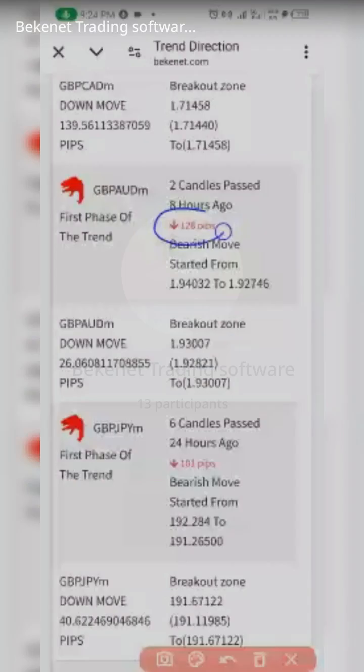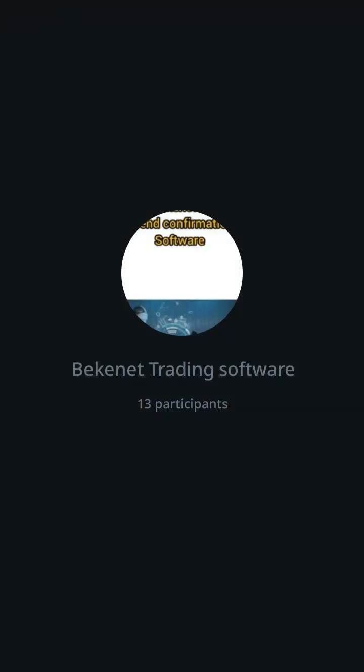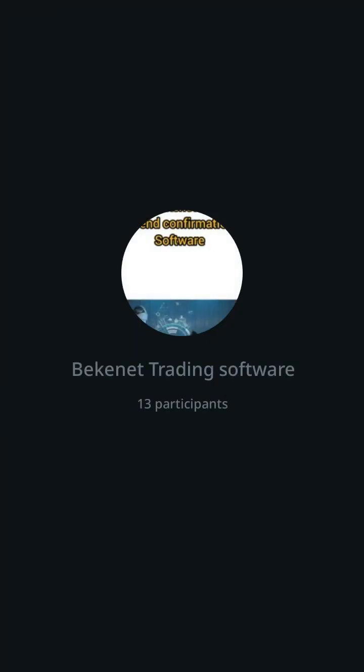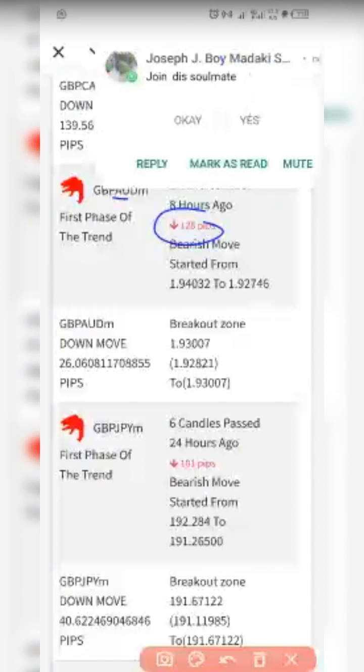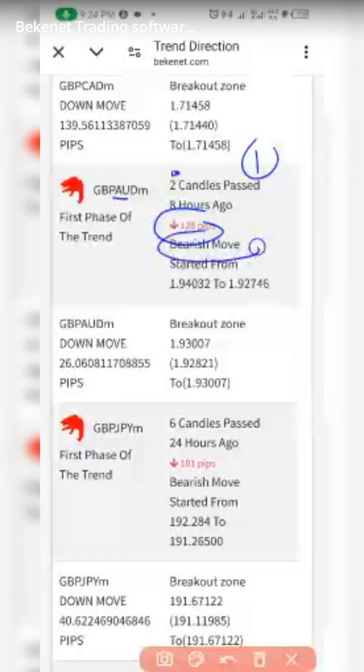This is a very clear example. 128 pips. You enter when the candle has just formed, when it's showing bearish move here, and first phase.